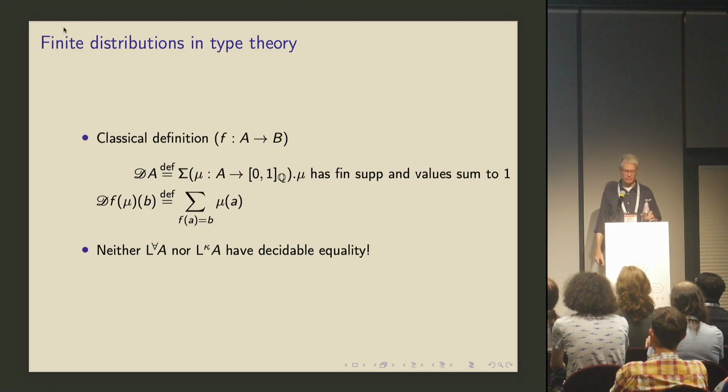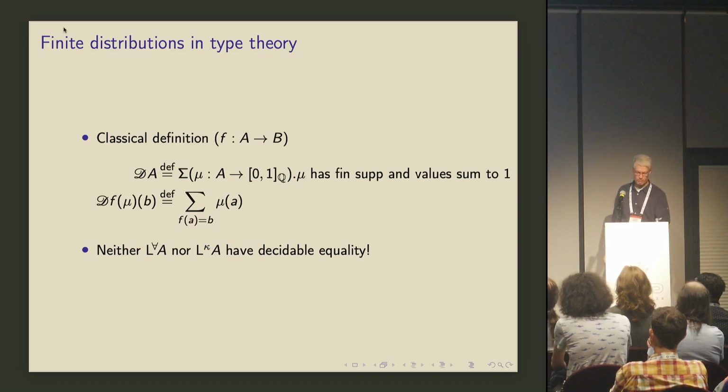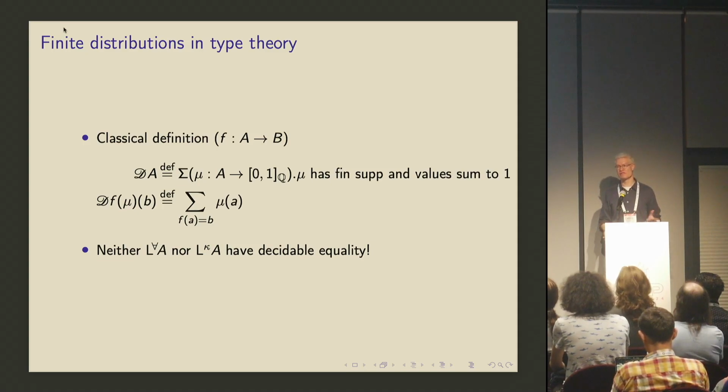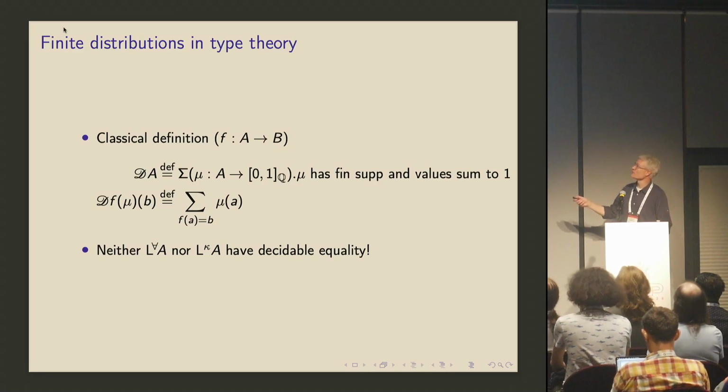Okay, and so then the first problem here is that I'm in type theory and I want to model probabilistic computation. And the standard model of this is using the distribution monad. And here's the standard, classical definition of the distribution monad. It's a function from A into the unit interval, which has finite support and whose values sum to 1.